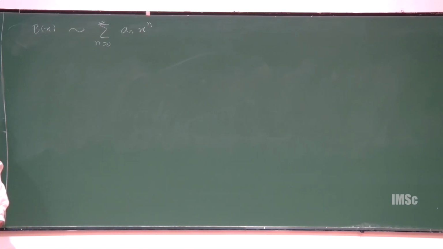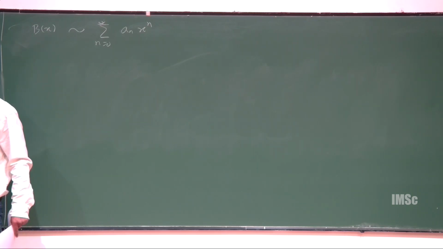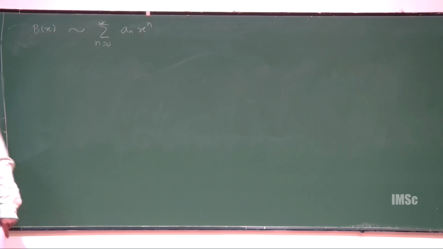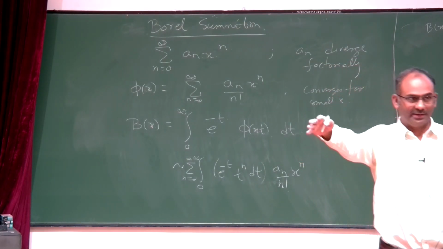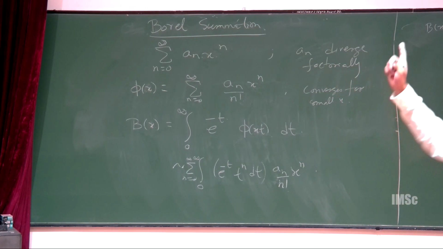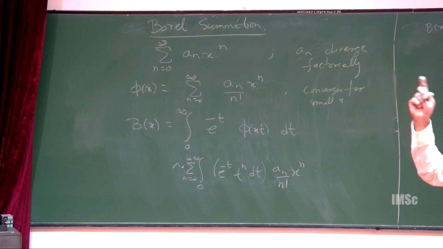I had a divergent series. I defined a function by dividing the coefficients by n factorial, then I defined some integral, and if I take that integral, which is a function, and I do an asymptotic expansion, then I get the original series, right?